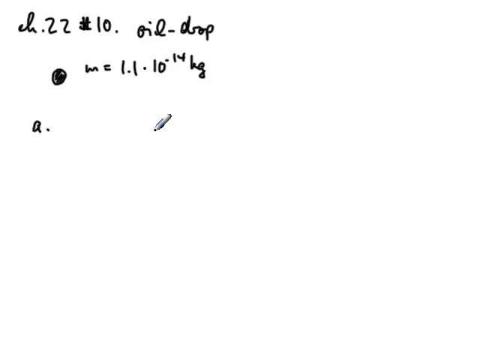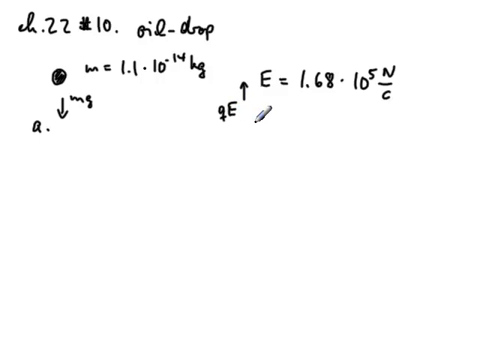But then there is an electric field E, so because of its weight mg it would fall down, but then there is an electric field of magnitude 1.68 times 10 to the 5th newtons per coulomb, and it is adjusted in such a way that it pulls up the electron with Q times E, charge times the electric field.